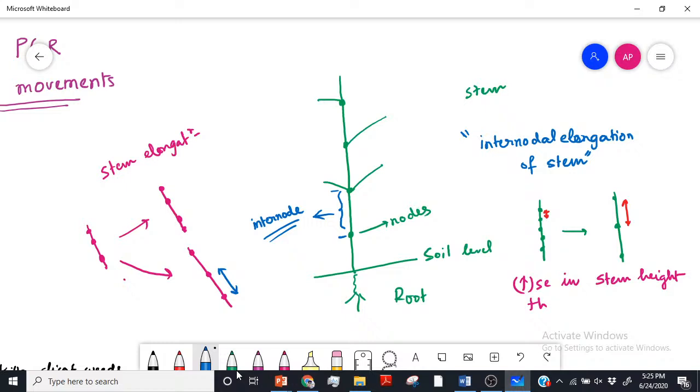This increase in stem height through internodal stem elongation is known as bolting. Very important. Write in your copy, bolting.